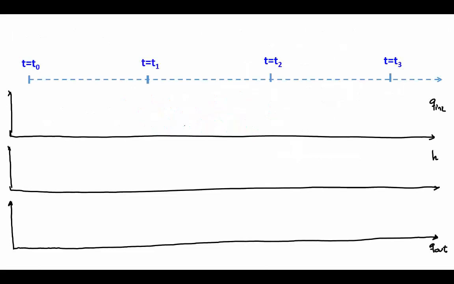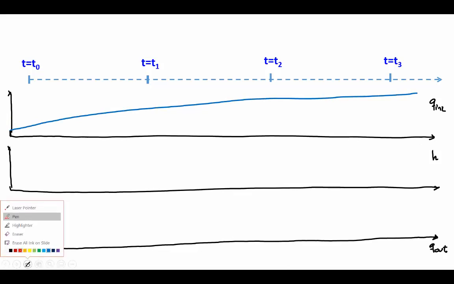Let's assume that we have a slug entering the separator, which increases from a normal value to a very big one. Then the H will also experience an increase. Maybe here it was at a normal level, this will be the H set. But then at another point in time it starts to go up.